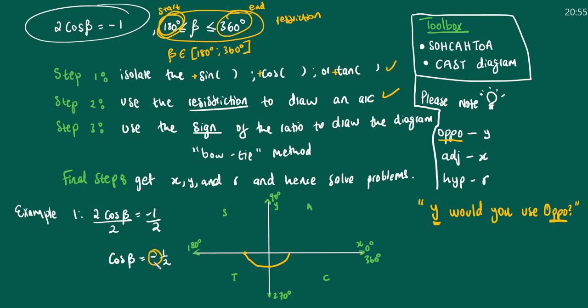The sign is minus, right? Where is cos negative? But you don't look on the 4 quadrants, you only focus on the quadrants where your arc is. So between this quadrant and that quadrant, where is cos negative? Then we know that it is in this quadrant.